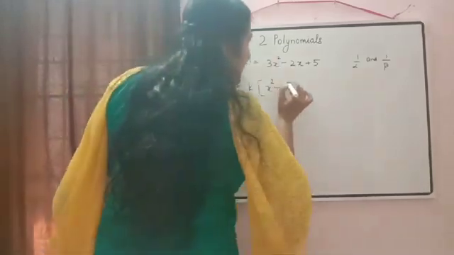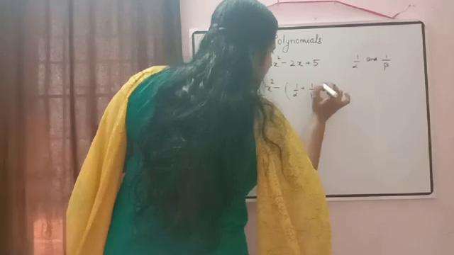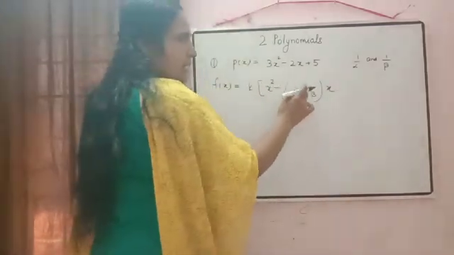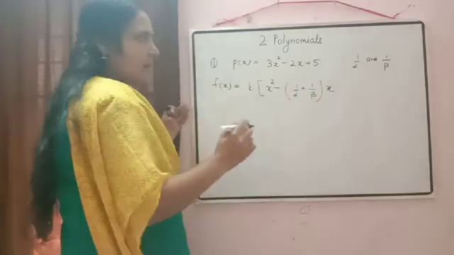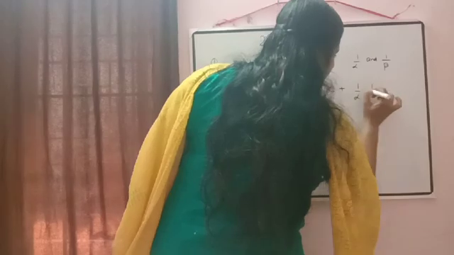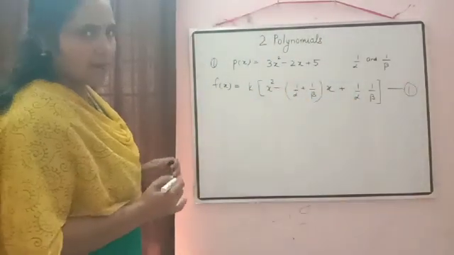Our zeros are 1 by alpha and 1 by beta, so x square minus (1 by alpha plus 1 by beta) into x plus product of the zeros, 1 by alpha into 1 by beta. So this is the polynomial which we need. We can make it equation number 1.